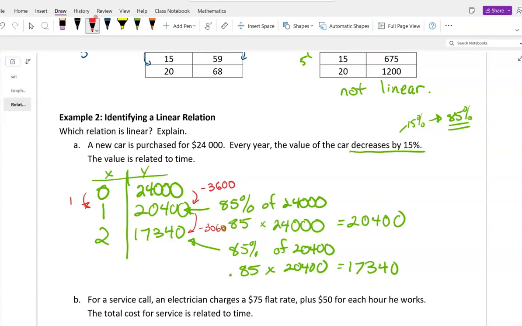Those are not the same. So this means not linear. Why is it not linear? The rate of change is not constant.